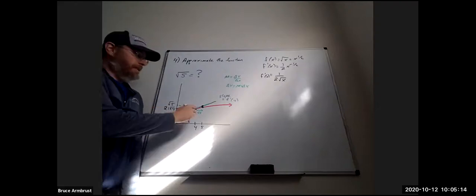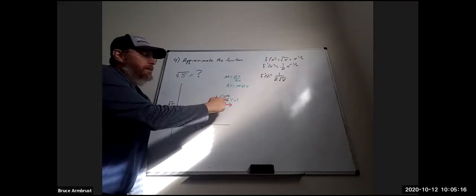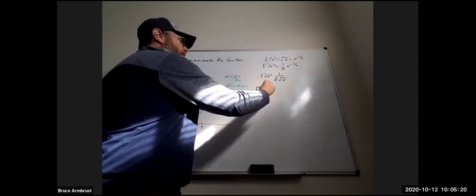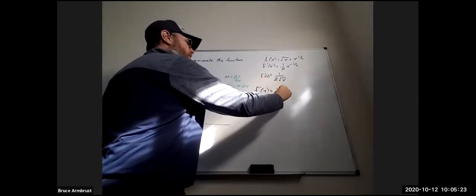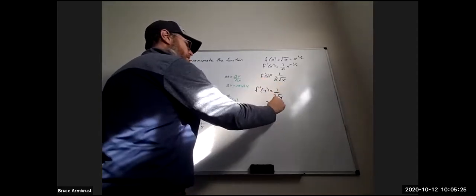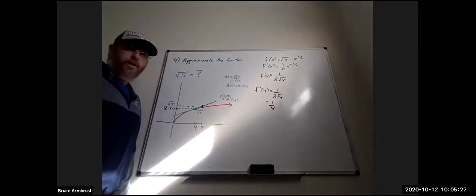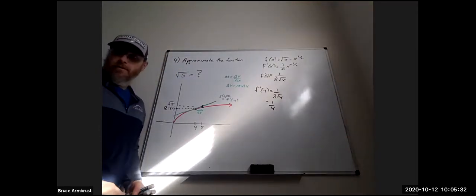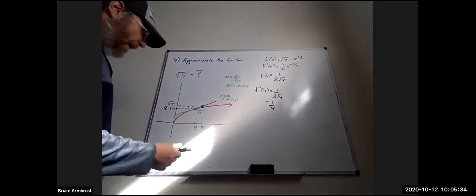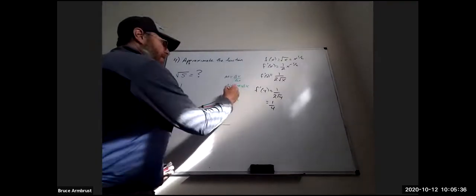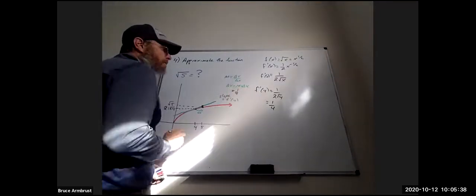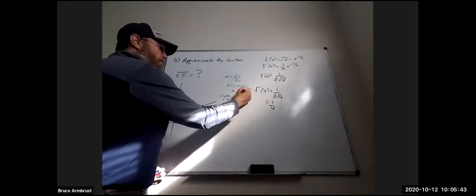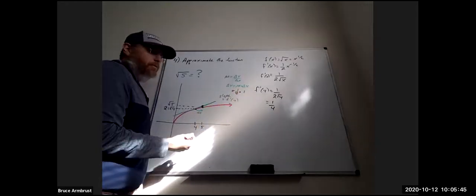Now, I need the slope of this line, so I plug in 4. f prime of 4 is 1 over 2 square roots of 4, which is 1/4. So that change in y is going to equal 1/4, the slope of the tangent line, times 1, because I'm stepping over 1.